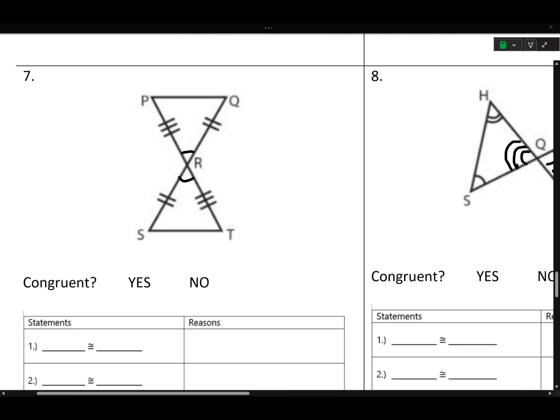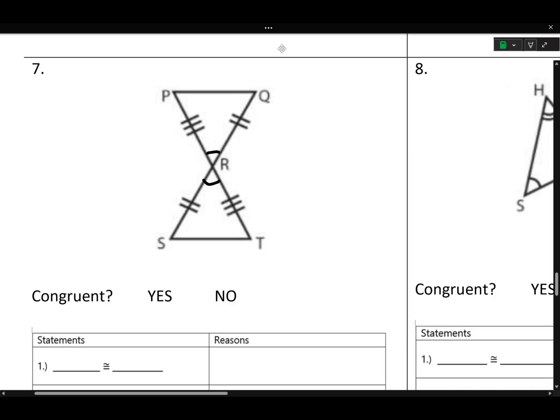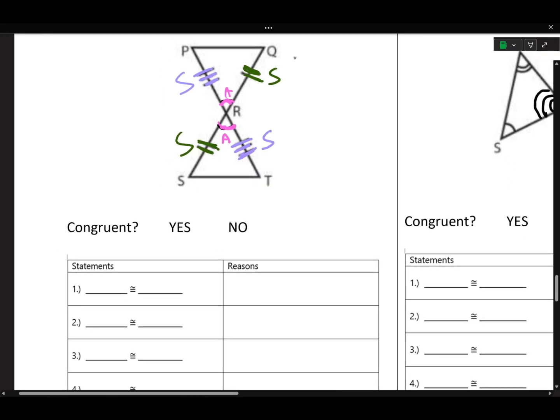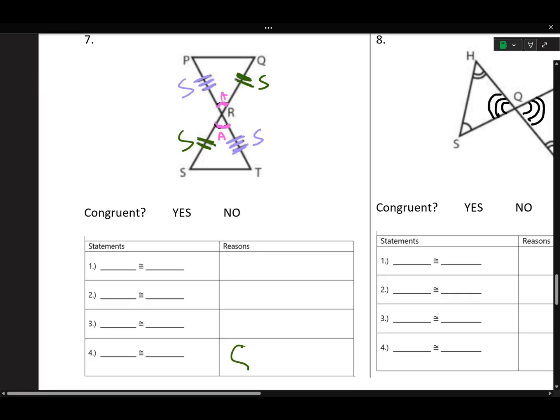For example, in number 7, we have an angle in between two sides. This is a proper side angle side. We got the green side that I marked, and the purple side that I marked, and in between the green and purple side, I have that pink angle.